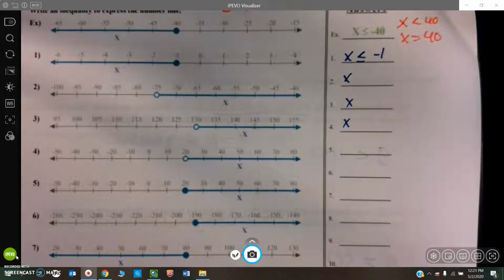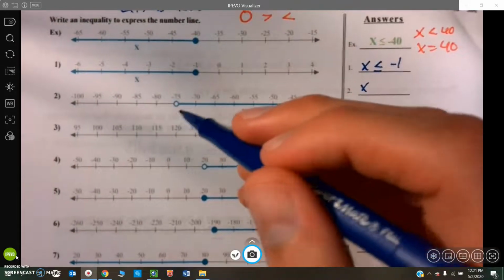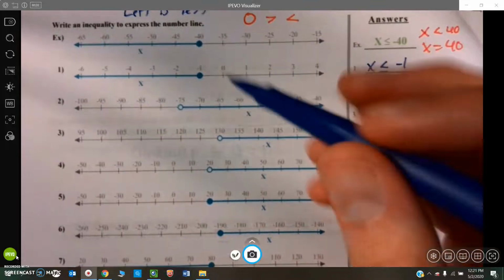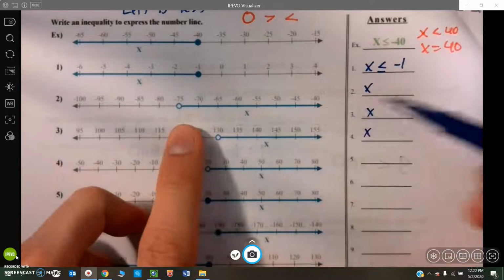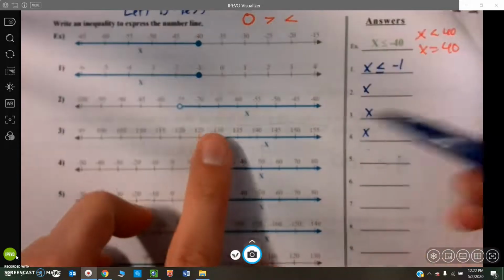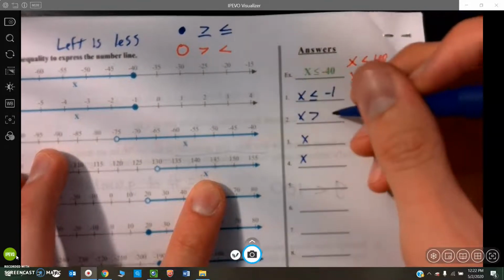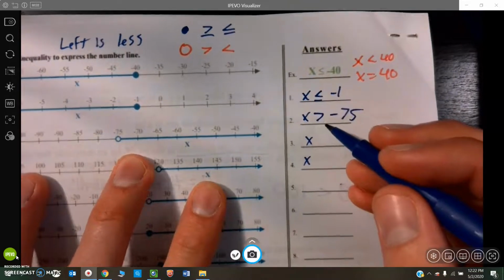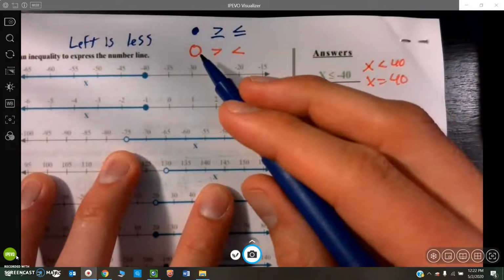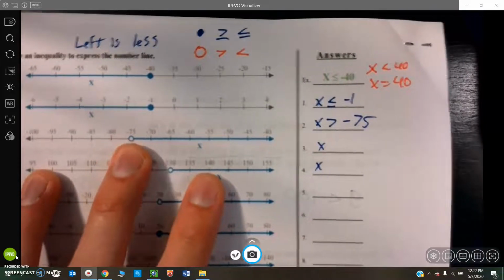Now here, it looks like x is starting at -75 and it's going to the right. And I've got -70, -65, -60. So as we go to the right, we're getting closer to the positive. The numbers are getting larger. So this one would be x is greater than negative 75. And notice I'm not putting that line beneath, because once again, when it's an open circle, that means it does not have the or equal to.